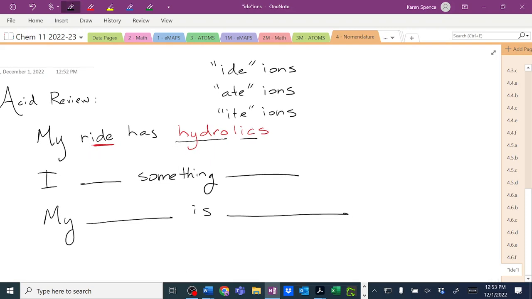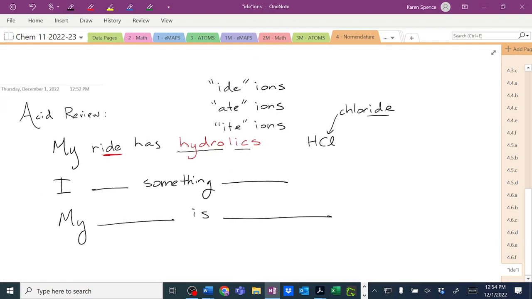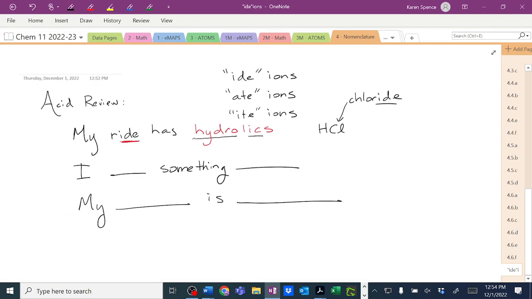So if I had HCl, for example, Cl is chloride. Then we would take away the "ide," right?